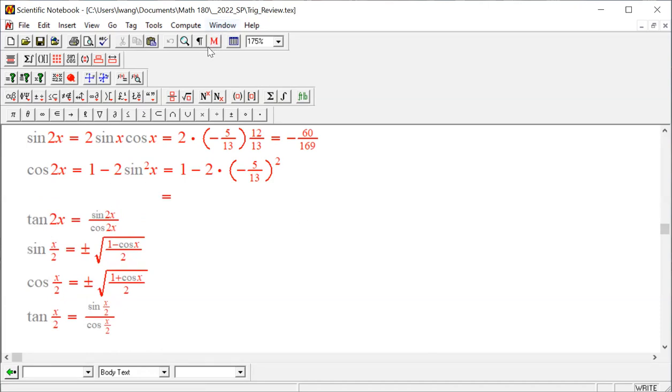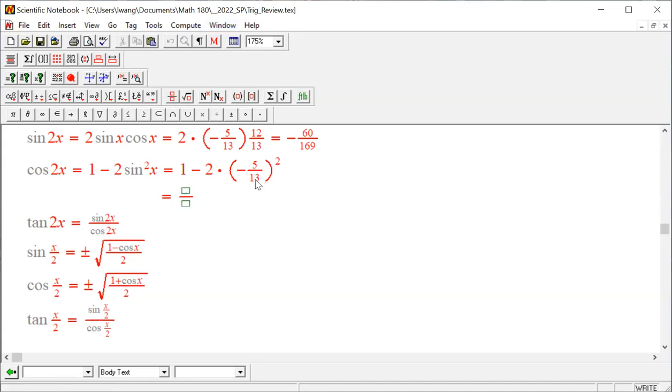And now we need a common denominator, which obviously is going to be 13 squared. So it's 169/169 minus (-5/13) squared. That's going to be 169 under -5 squared is 25. 25 times 2 is 50.